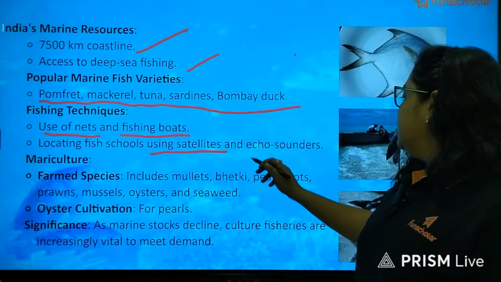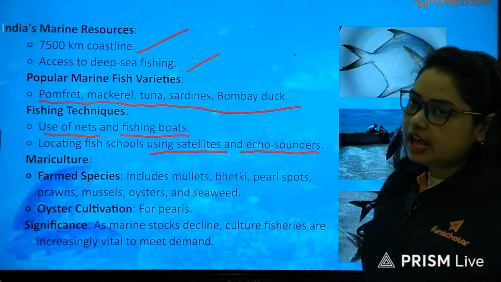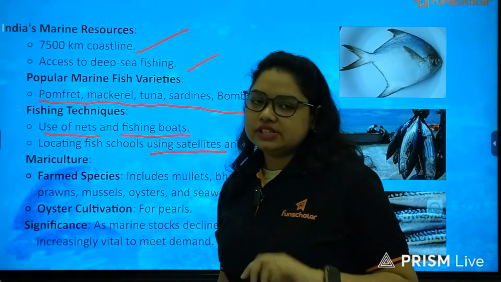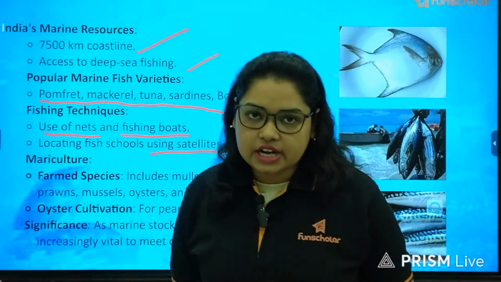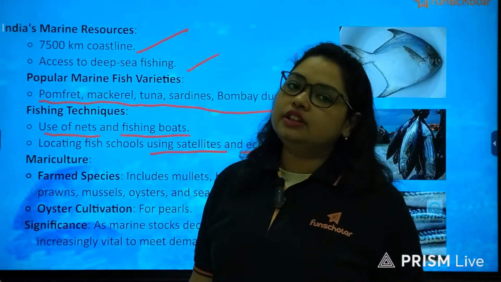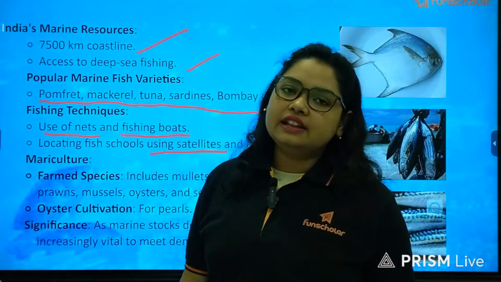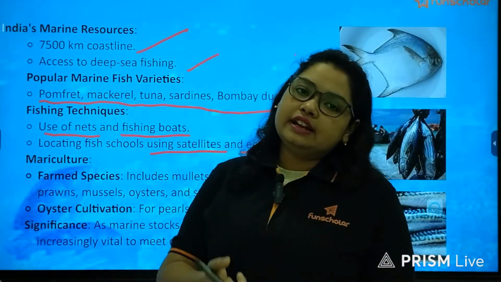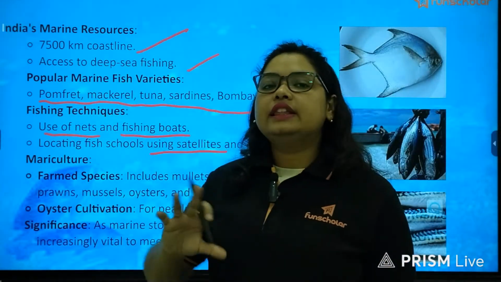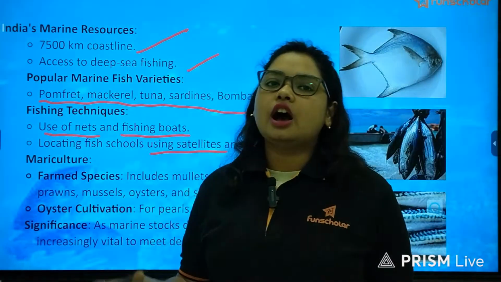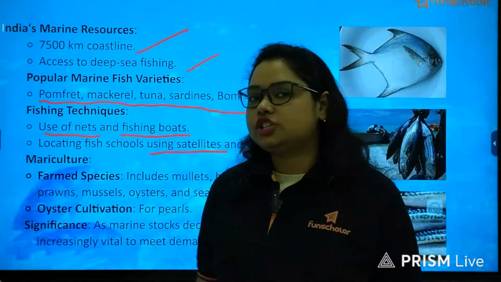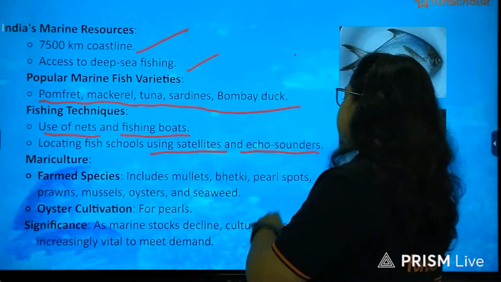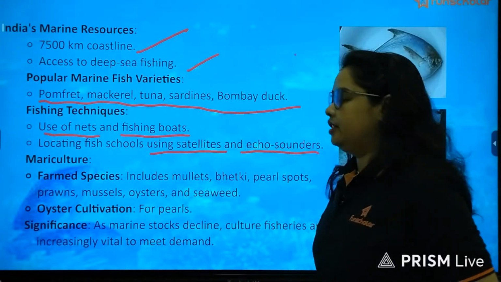And then echo sounders. What will happen? It will work like sonar. Sound waves will be generated and sent down into the ocean or the sea, and when they hit the fish group they will come back, and then it is calculated how far the school of fish is located from the platform where the echo sounder is mounted.